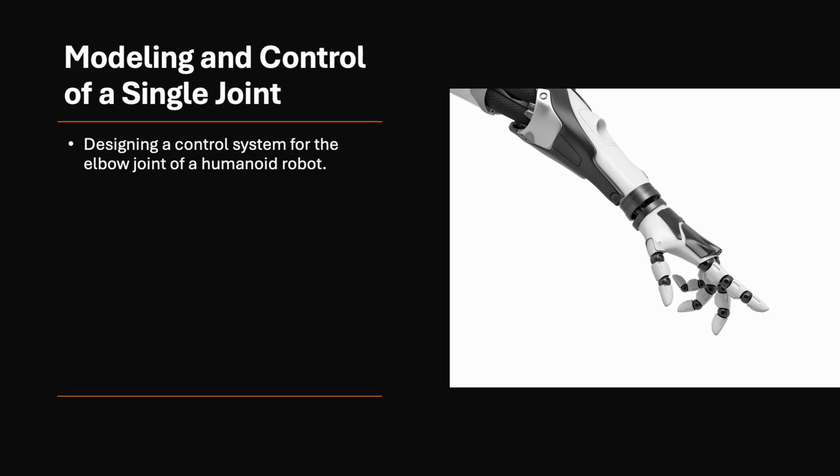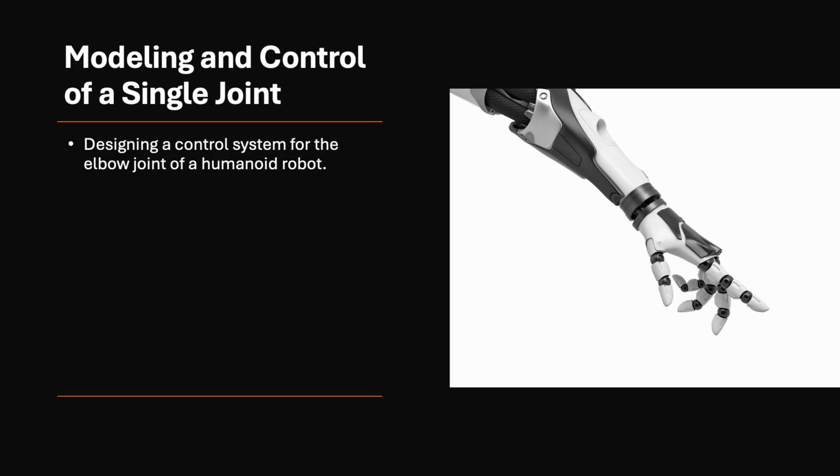Designing a control system for the elbow joint of a humanoid robot involves a multifaceted approach that integrates mechanics, electronics, and control theory. The elbow joint, which is crucial for the robot's arm movement and manipulation tasks, requires precise control to achieve smooth and accurate motion.